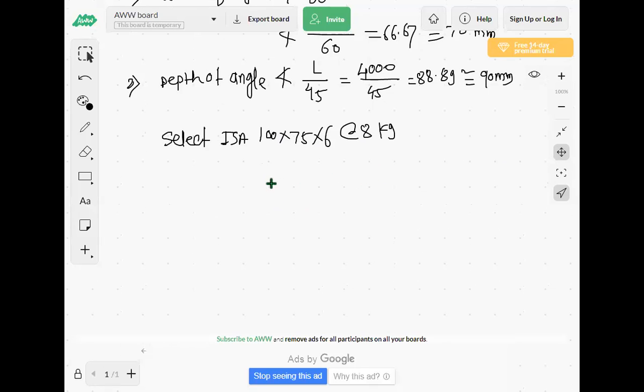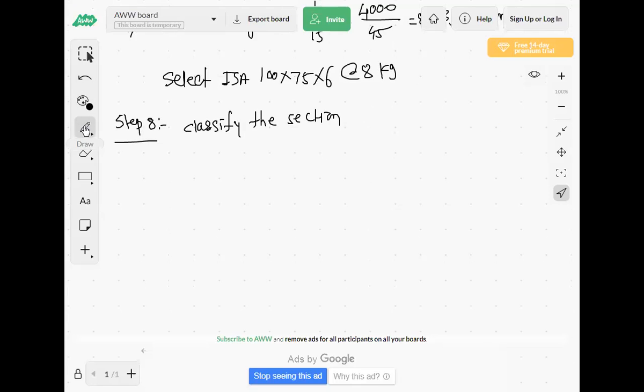Now what is the next step? Step number 8, classify the section. For width and for depth we have to classify the section. So first W by T and here D by T. So W is 75 and T is 6.